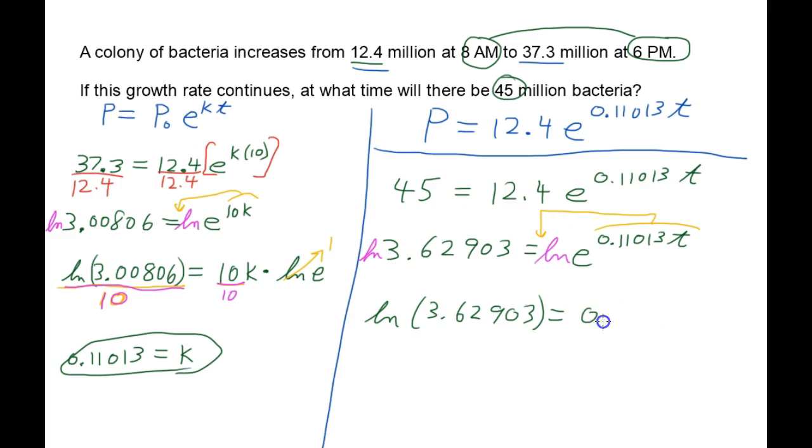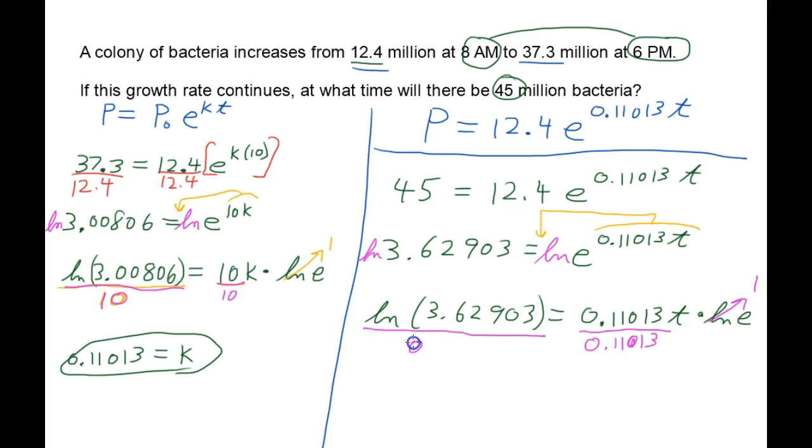That is 0.11013 times t times the natural log of e. And just like we did last time, natural log of e is just 1. So now we can just divide each side by 0.11013.